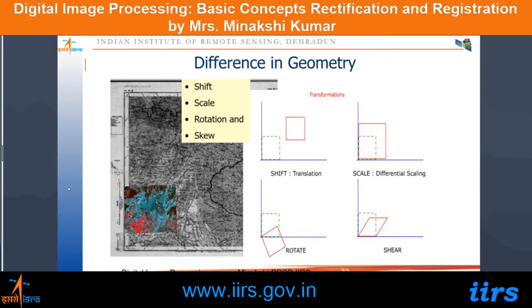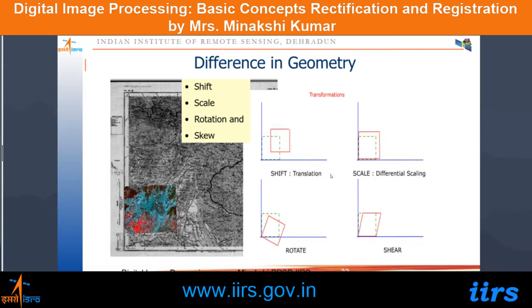So when you want to overlay your image over the topo sheet or another image, there are basically four differences in geometry which you need to get. The image has its origin at the top left corner, while the topo sheet or the other image may have its origin in a different location. So you have to translate, to shift the image so that it fits over the appropriate area.